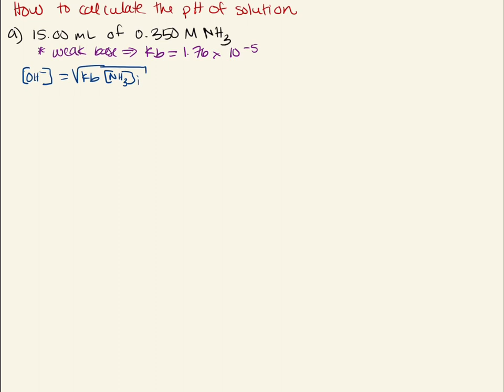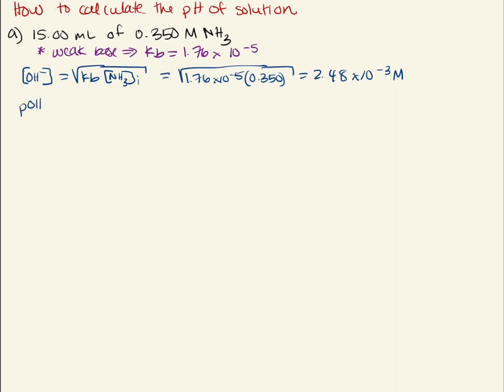So when I plug my values in, I'm going to get the square root of 1.76 times 10 to the negative 5 multiplied by 0.350. Now when I do that, I get 2.48 times 10 to the negative 3 molar.